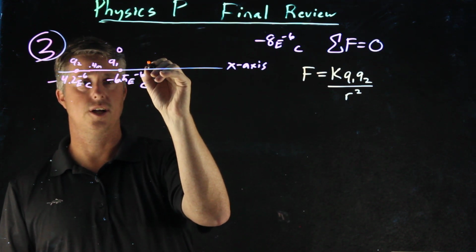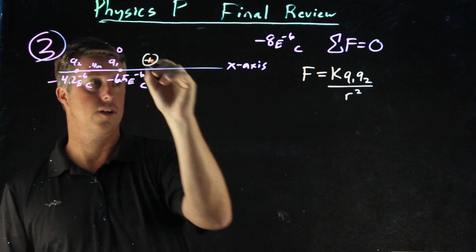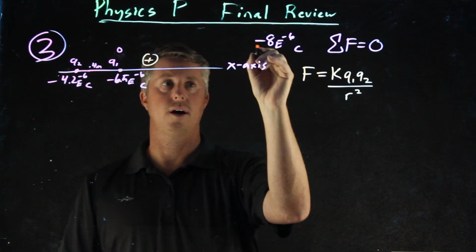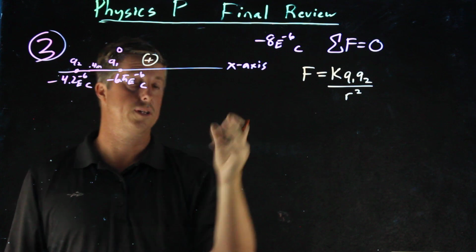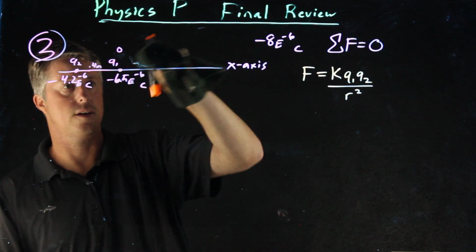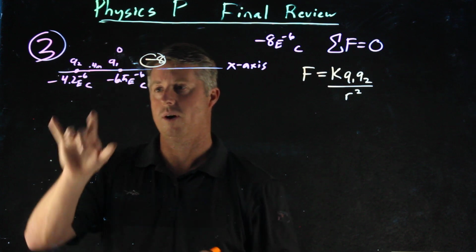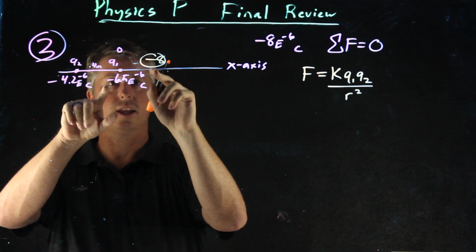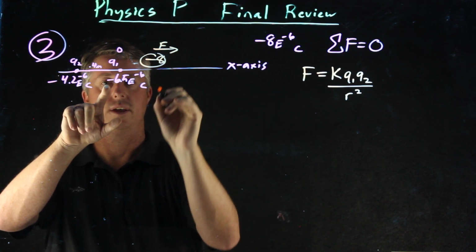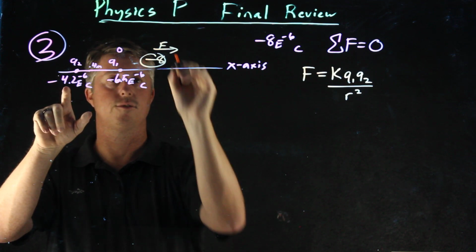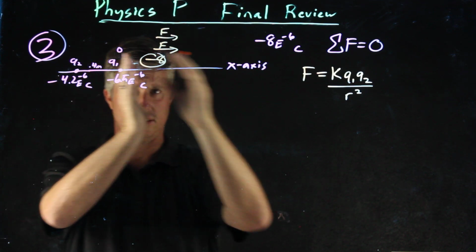If I put a charge out here, this negative 8 charge, it's a negative charge. Well, negative and negative is going to cause it to repel. That's the force of the 6.5. And the force of the 4 is going to cause this to move this way.